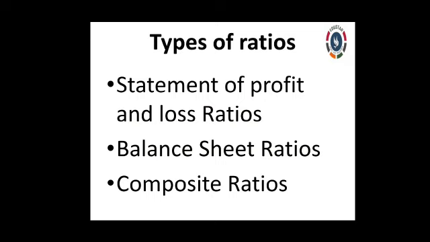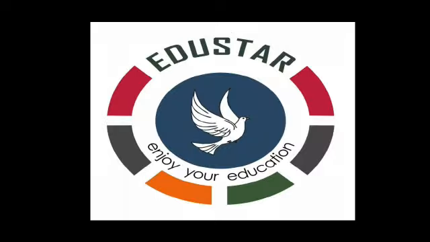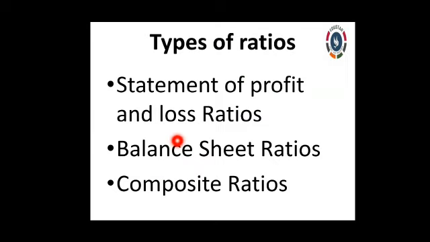We have to take both amounts from the balance sheet, that is called balance sheet ratios. For statement of profit and loss ratio, an example is the ratio of gross profit to revenue from operations. It's known as the gross profit ratio. For calculating the gross profit ratio we take the two numbers from the profit and loss account.